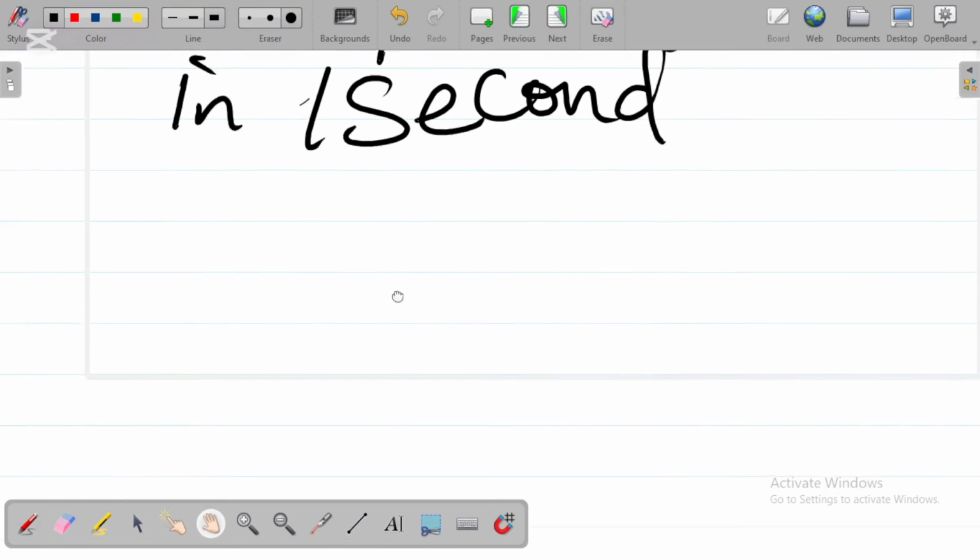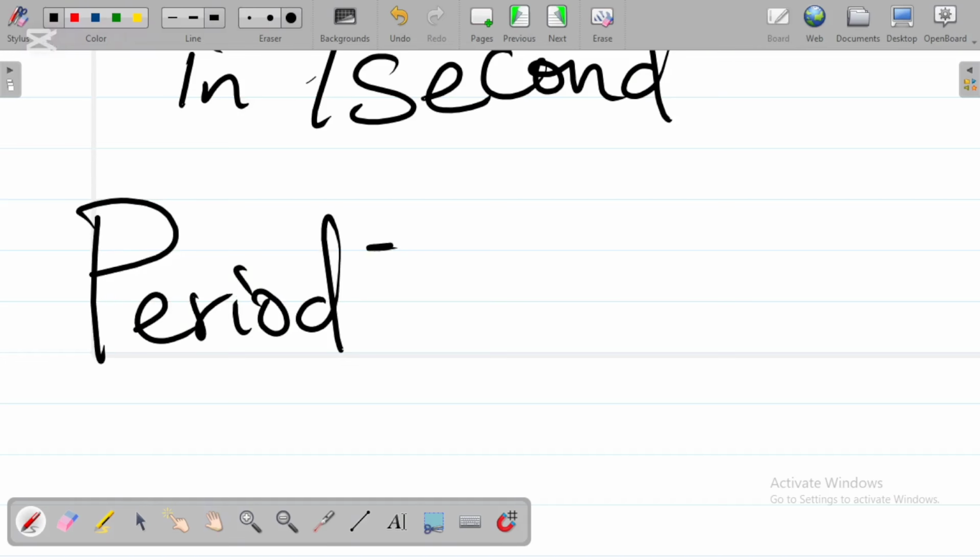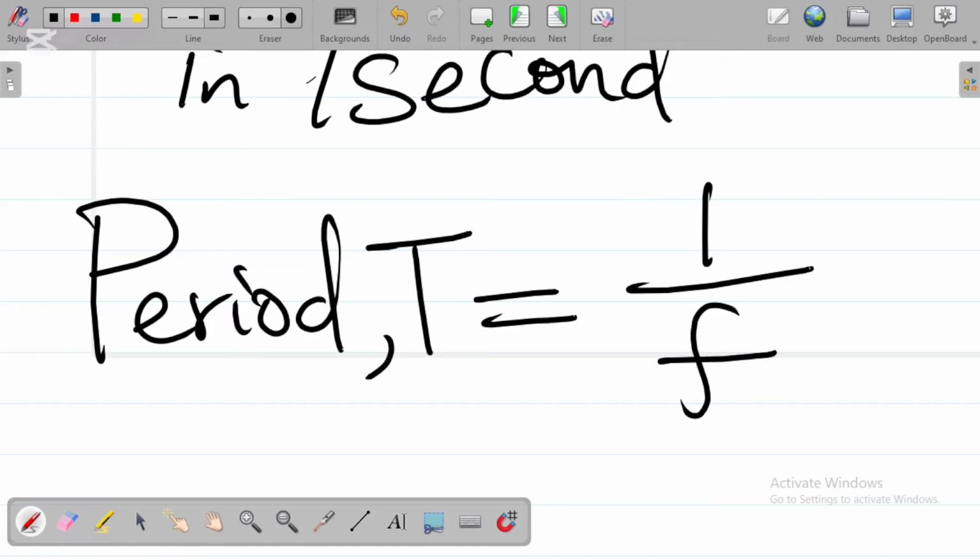And now we are asked to find the period T. Remember, period T is equal to 1 all over the frequency.